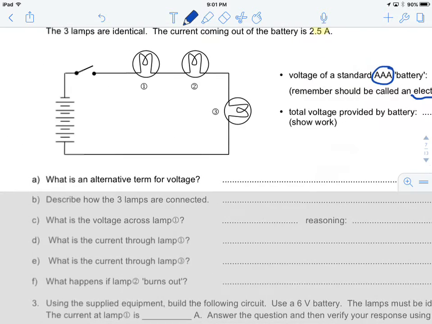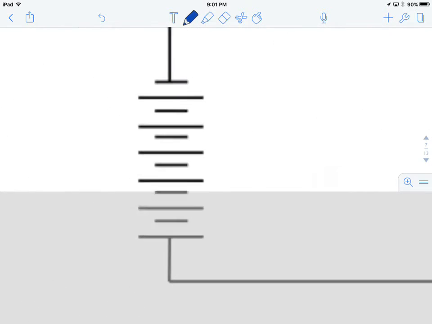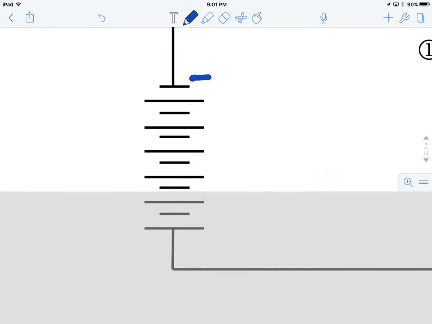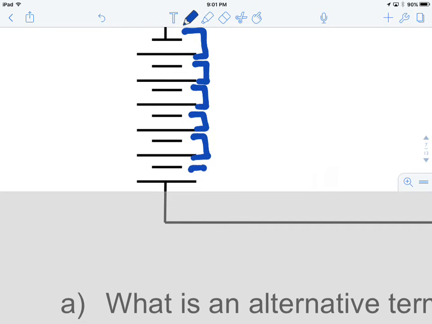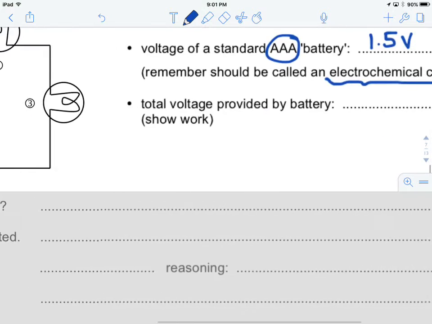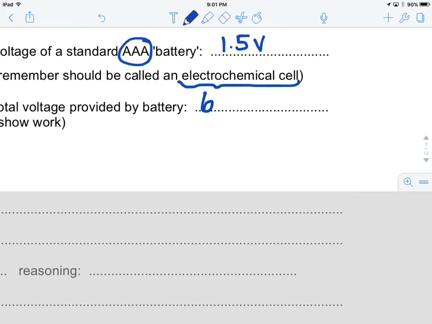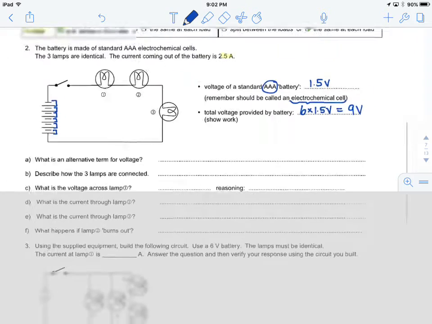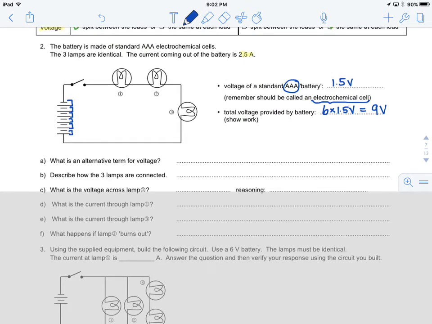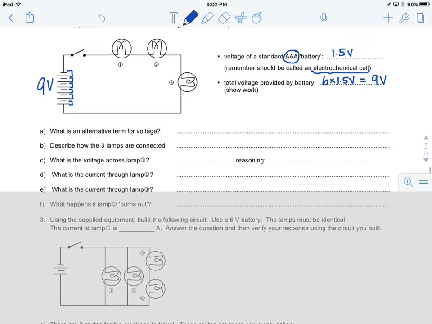A battery is a collection of electrochemical cells, and here we have 1, 2, 3, 4, 5, and 6 of them. So 6 cells times 1.5 volts each is a total of 9 volts. It's a 9-volt battery.